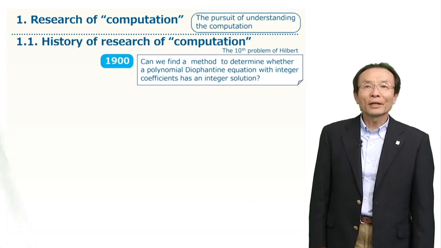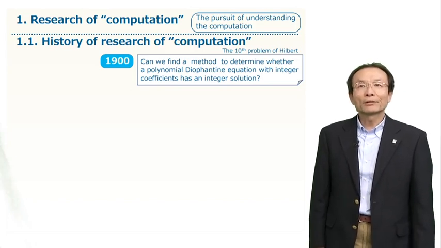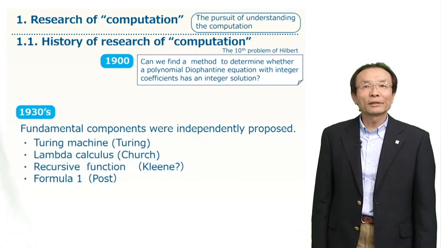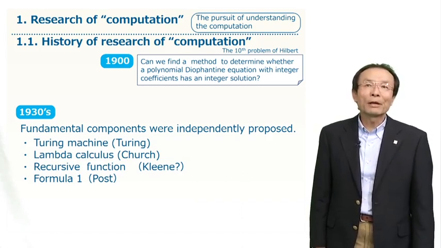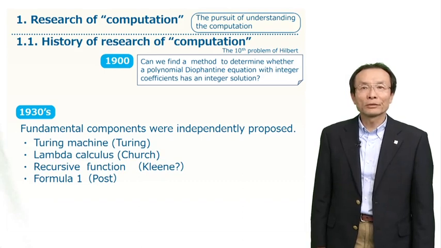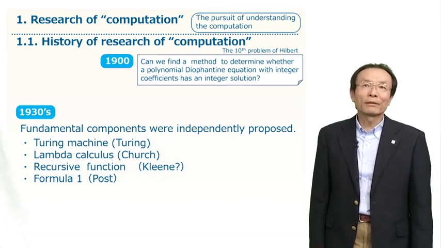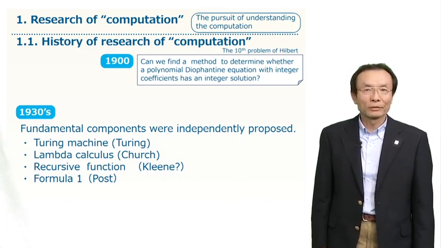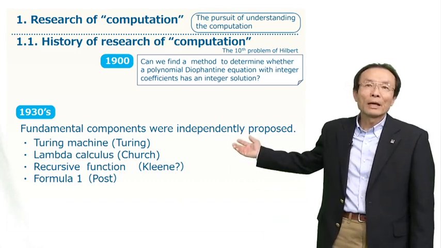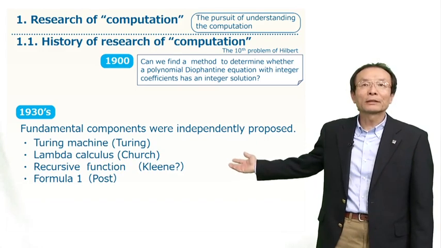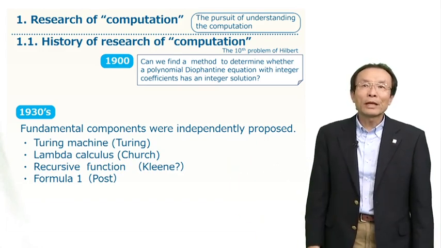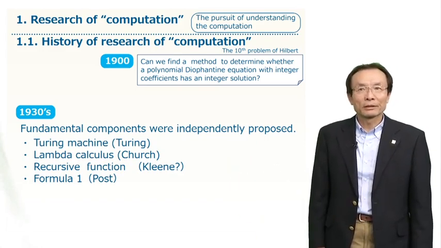In the early 1930s, between about 1932 and 36, multiple mathematicians independently came up with their own forms of computations and suggested them as the fundamental components of computation. They were Alonzo Church, Alan Turing, Emil Post, and Stephen Kleene, to name but a few of such mathematicians.